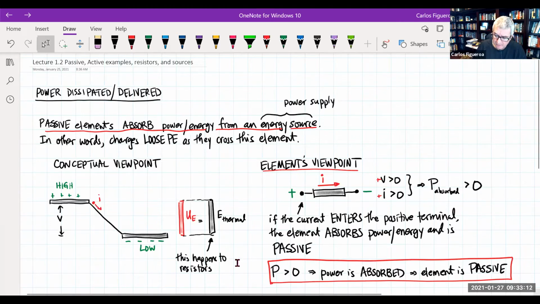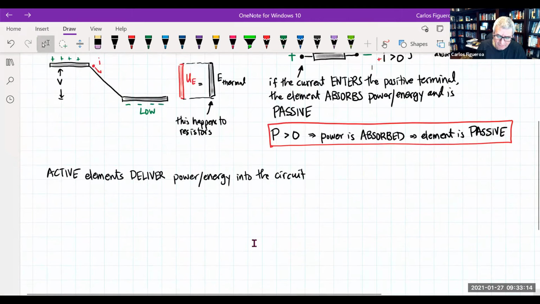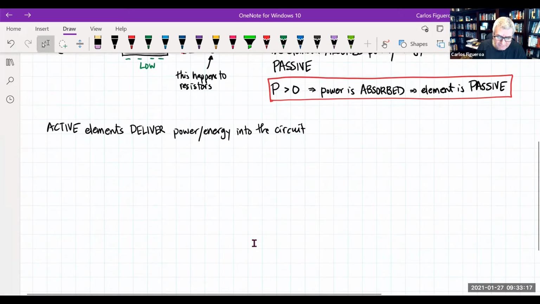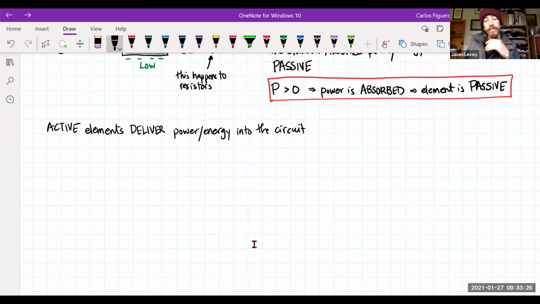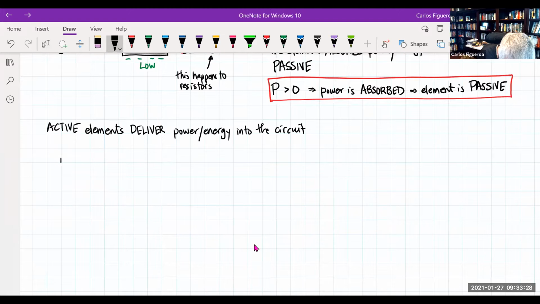Now the next one is really the definition of an EMF. If I have an active element, then the element delivers energy and power to the circuit. So what do I mean by this? Well, if I draw my picture again, and we've already established from our conversations that this guy represents the high and the low.